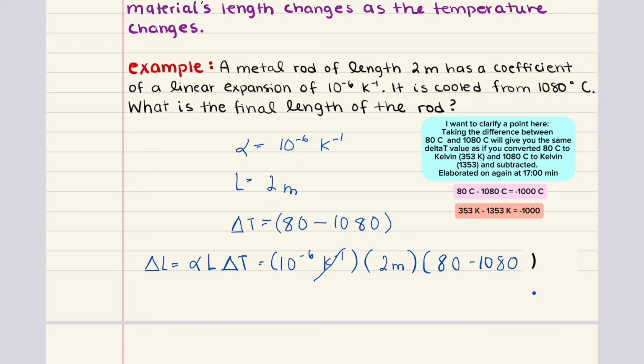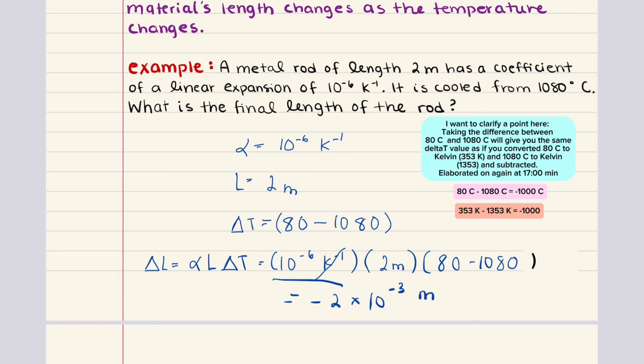So 80 minus 1080 in degrees Celsius is going to give you the same difference as 80 minus 1080 in Kelvin. So we're just going to use Kelvin here because our coefficient of linear expansion is in units of inverse Kelvin. And that way, our units cancel out. And what we get is minus 2 times 10 to the negative 3 meters.